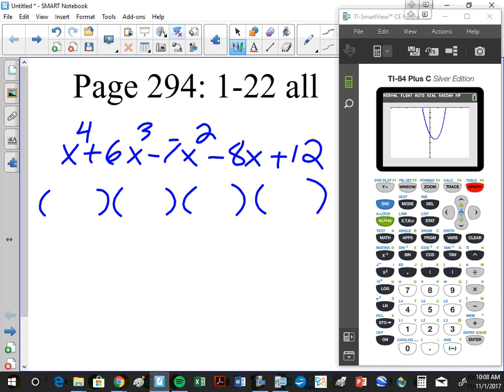Okay, what do I know about those factors? Not add up, multiply. So they all start with x, right? How do I know it's not 2x or 8x or 12x? Because x to the fourth is created by 1x times 1x times 1x times 1x. Okay? But what do I know about these?